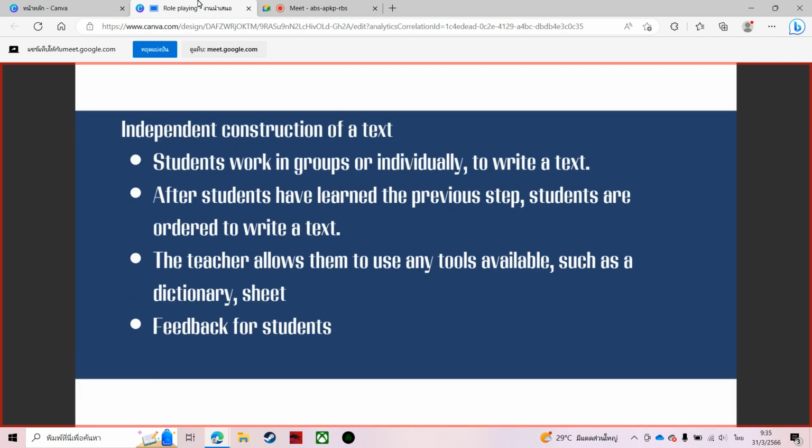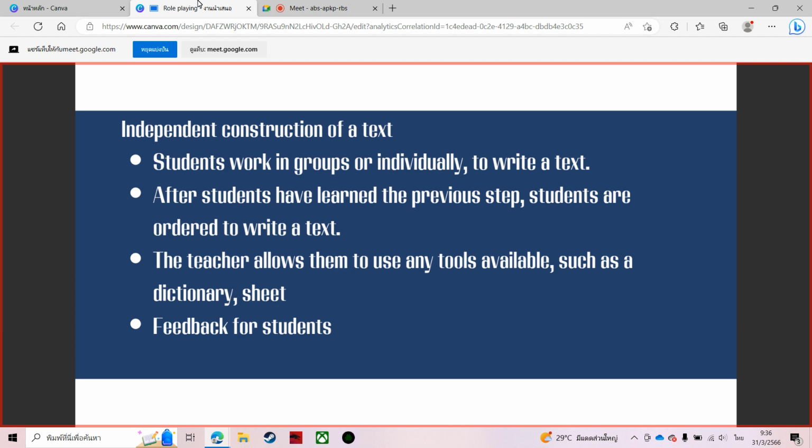And the last one is the independent construction of the text. It depends on you. You want students to work in a group or individually to write the text. If you let students work in a group, students help each other. But if individually, students will help themselves.